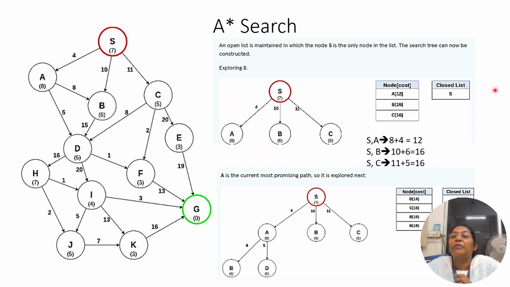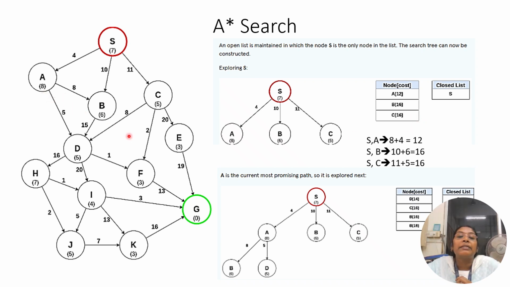Now the g of n will be nothing but 4 plus 5 for reaching D, and h will be 5. So 4 plus 5 is 9. 9 plus 5 is 14. So D has 14. So it comes up in the open list because the already existing B and C have 16.